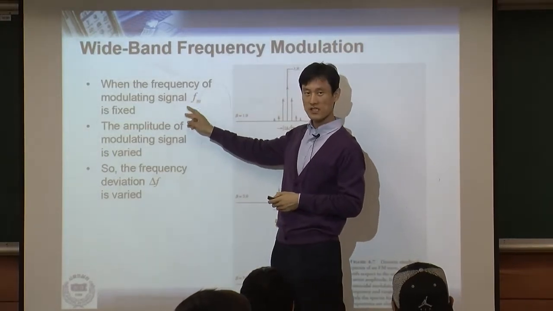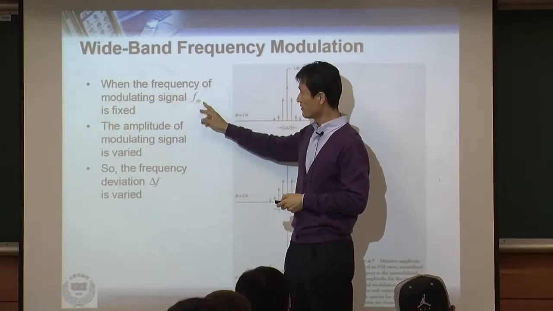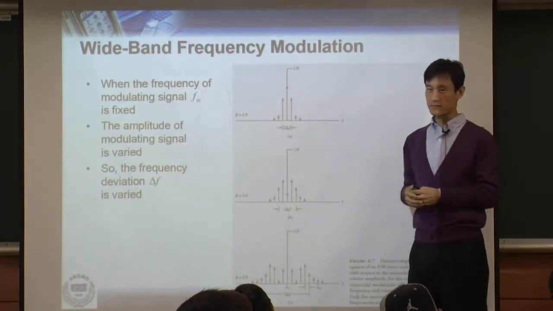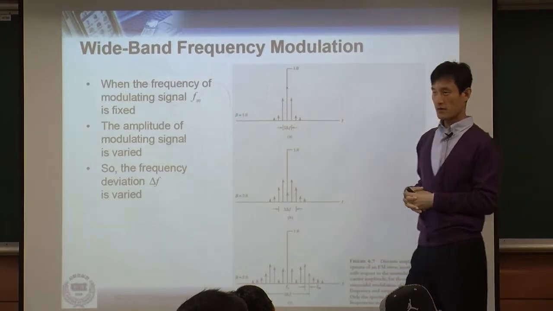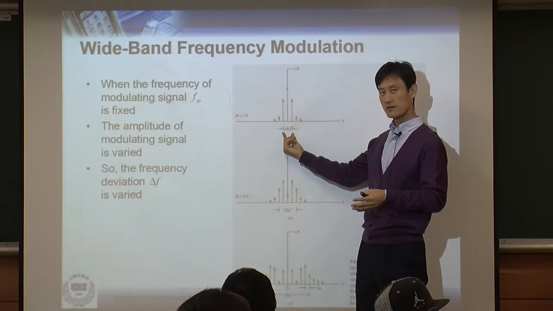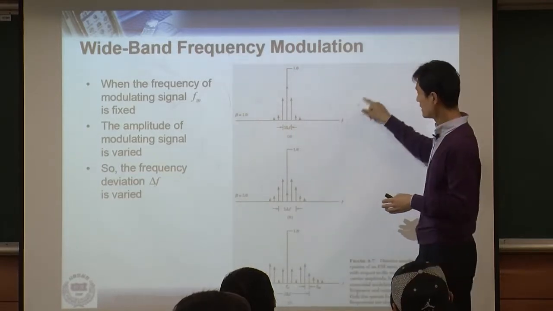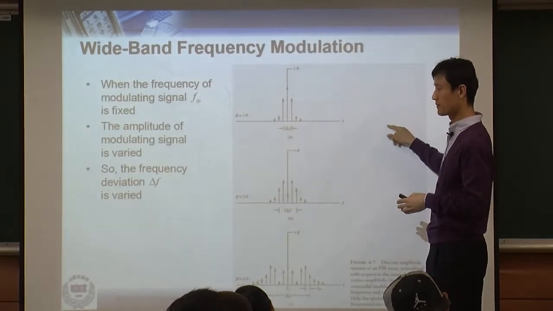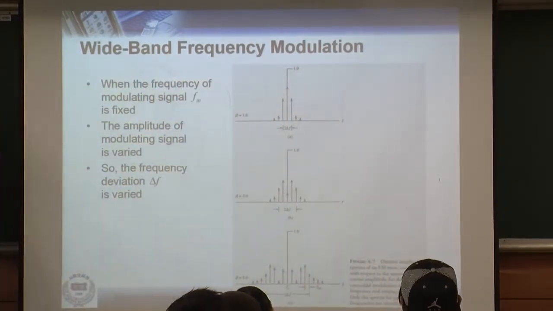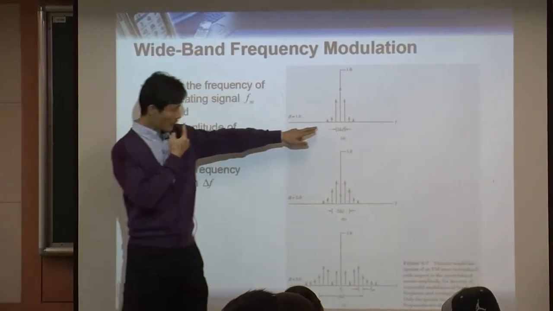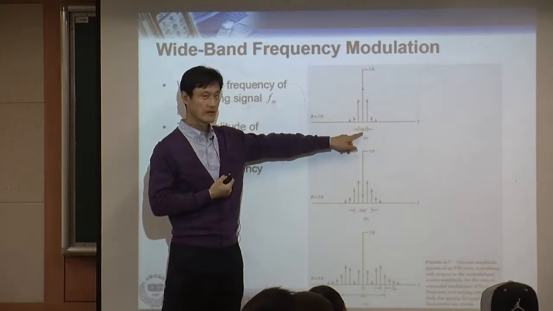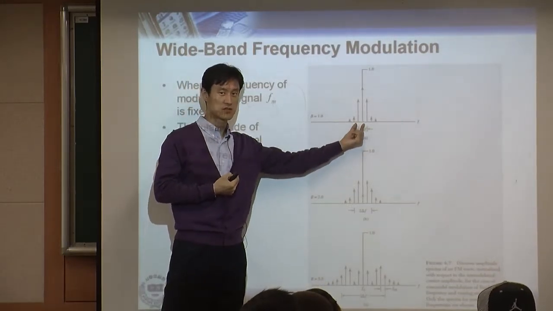This Fm is fixed. If Fm is fixed, how do you change the beta? How to change it is your delta F has to change, right? Because beta is delta F divided by Fm. That's the definition, right? So in order to change the beta, you need to change the delta F because Fm is constant.